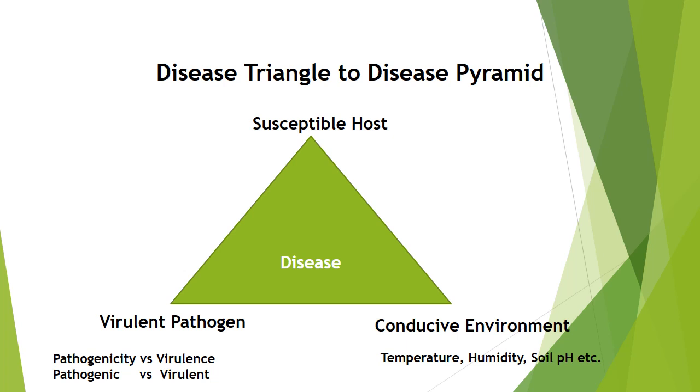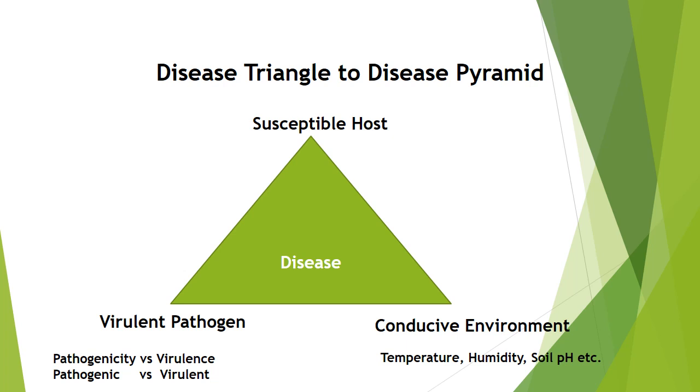So pathogenic microorganisms are those organisms which have the capacity to cause disease. The degree or intensity of the disease they cause is known as virulence.